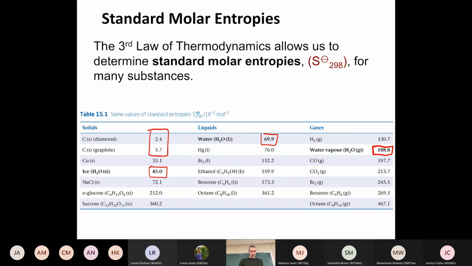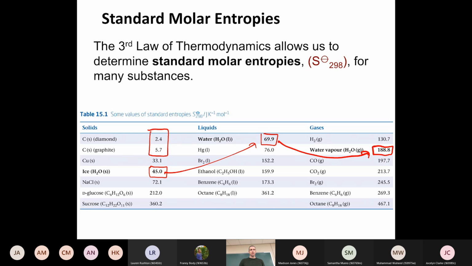So what you can see here is that the solid form has the lowest entropy, and that turning it from the solid to the liquid increases the entropy, and going from liquid to the gas increases the entropy once more. Generally speaking, this is always the case, liquids of a given substance will have a higher standard molar entropy than the solid of the same substance, and the gas will be higher than either one of the two.